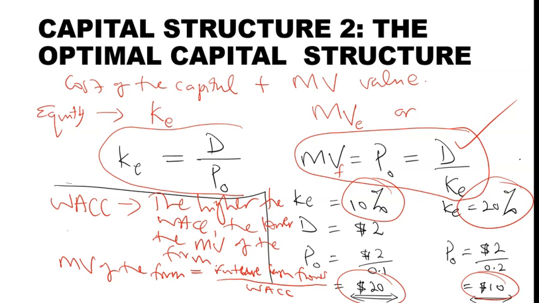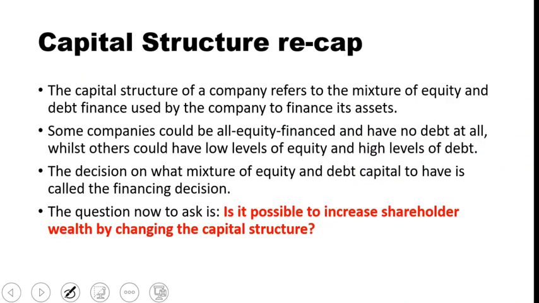Okay, now there are theories which explain why it is so within companies. There are certain theories which assist in explaining why the relationship between debt and equity has an impact.